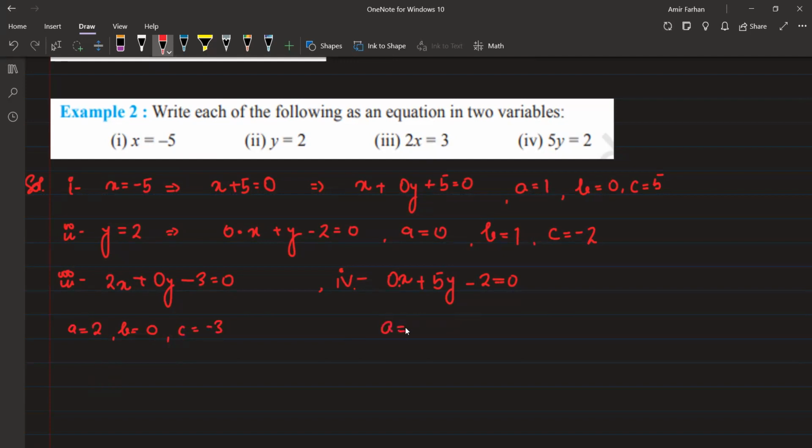Now in this example, A equals 0, B equals 5, C equals minus 2. Very good, Simrat.